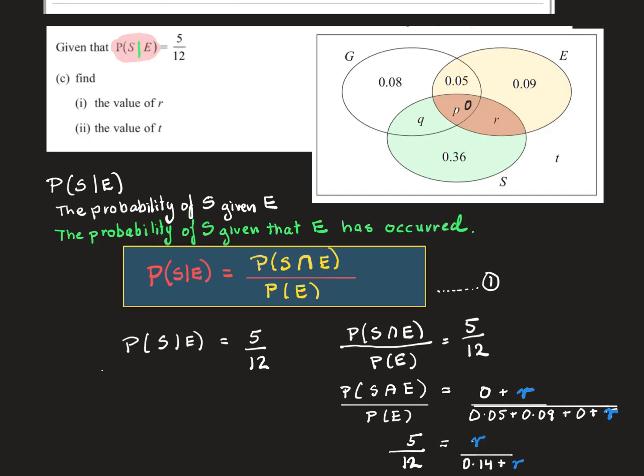Now the second part of that question says find the value of T. T is outside these events. Now remember that we evaluated Q to be 0.12 and R, as we said, was 0.1. So you remember that everything in this Venn diagram adds up to 1.